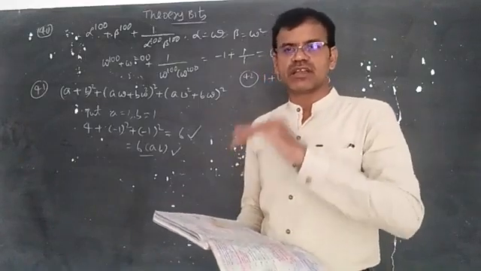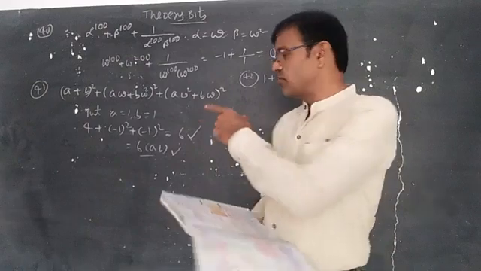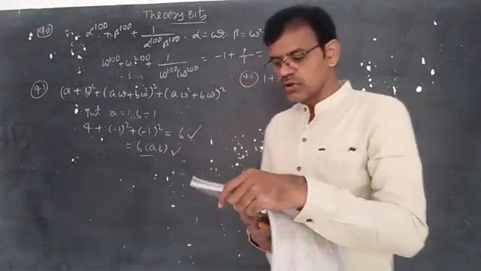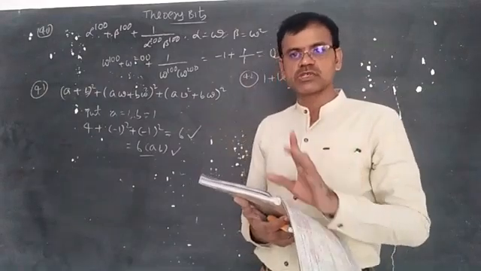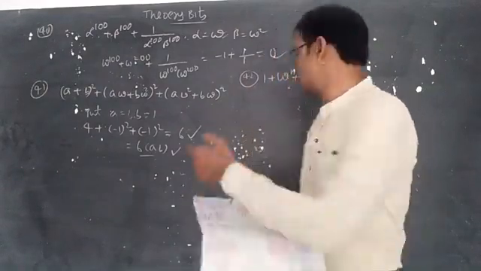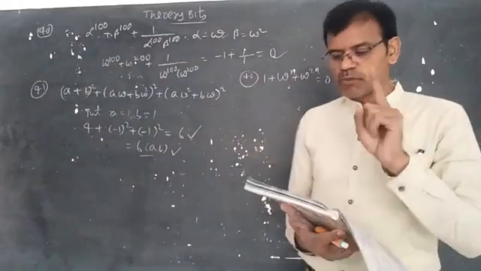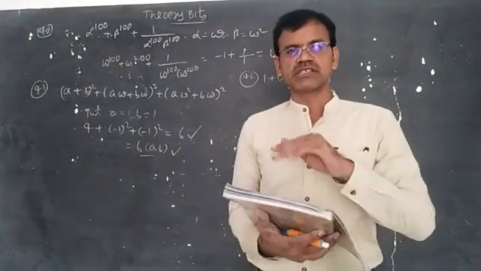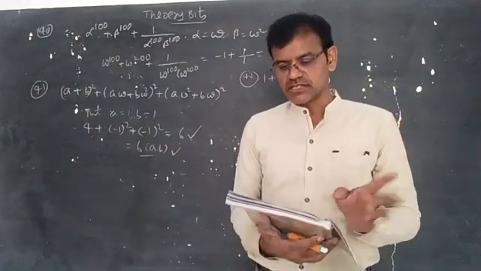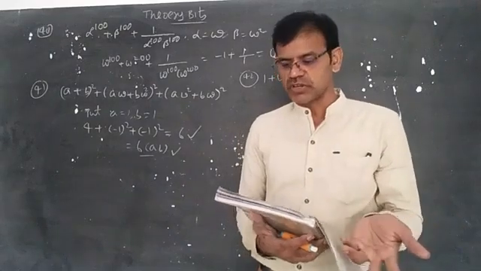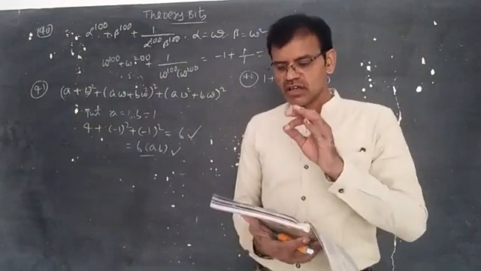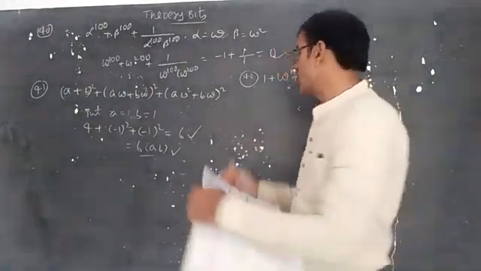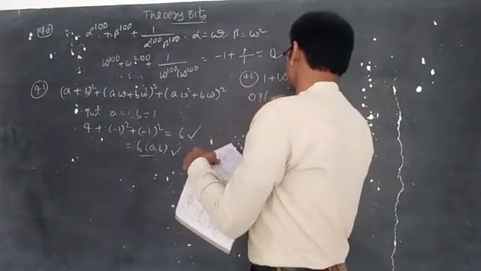If it is not a multiple of 3, its value is always 0. The options: the first option is 3m, a multiple of 3, so it is not correct because the value is given as 0. 3m plus 1 is not at all a multiple of 3, so it is the correct answer. 3m plus 3 is of course a multiple of 3. 2m plus 3 is not at all a multiple of 3, but that is an unrelated answer. So option 2 is the correct answer.